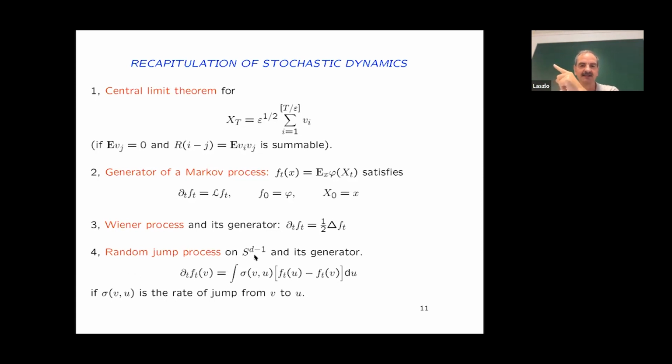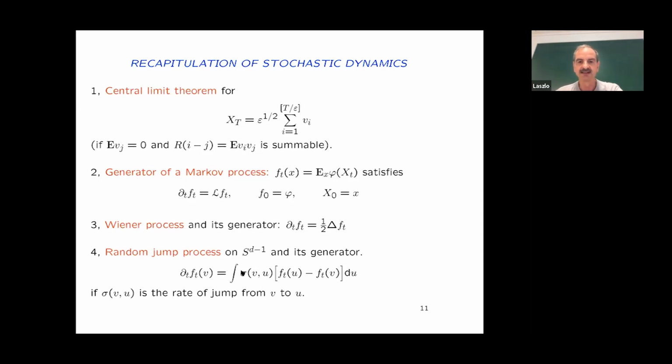And then it happens completely randomly with a certain jump rate, which tells you the rate at which an incoming velocity v goes out in the direction u, these are two vectors on the unit sphere. If you consider such a process, then this is the generator here, which describes the evolution of the phase space density f(t,v) of such a process.